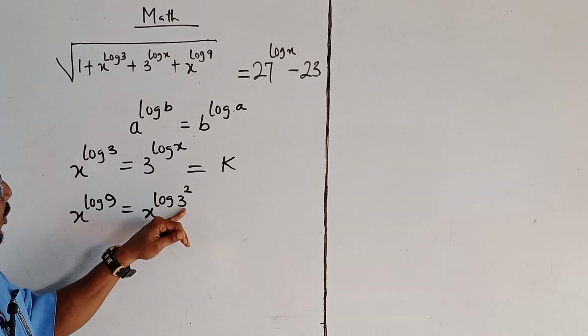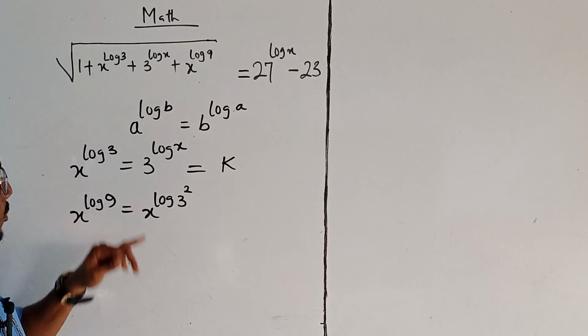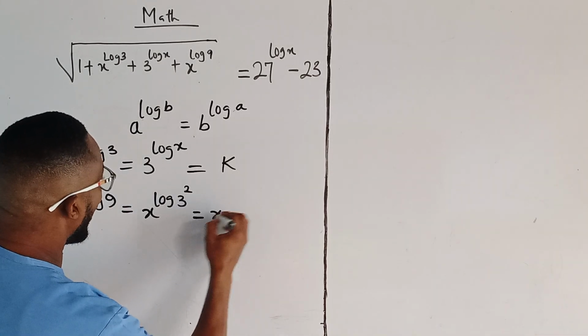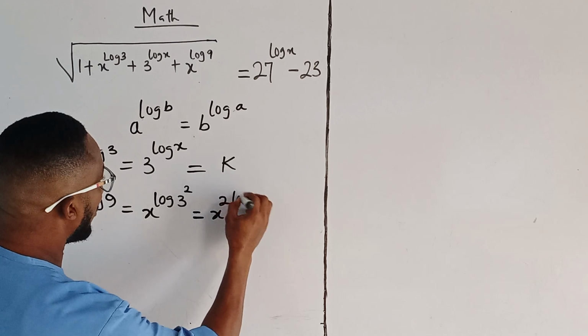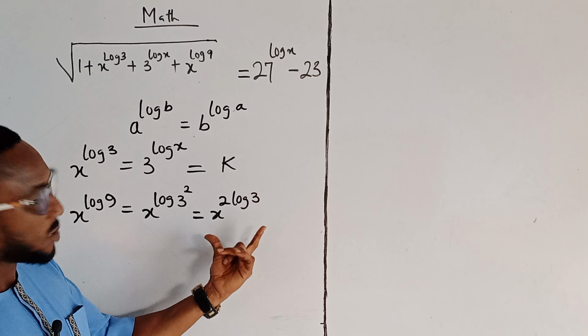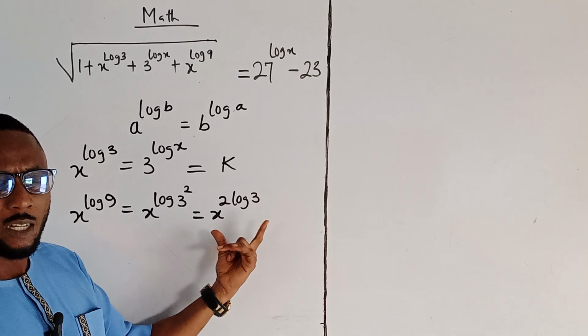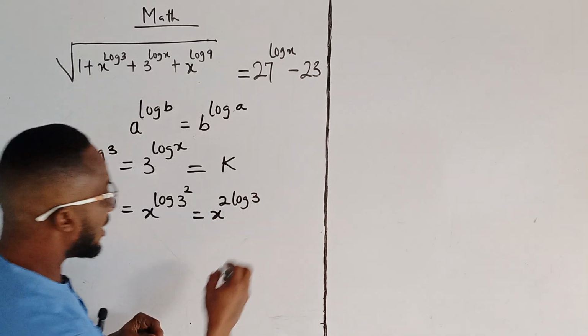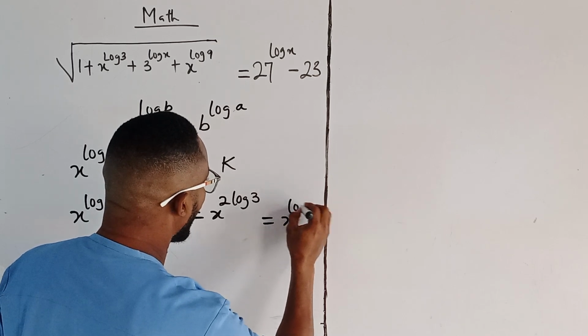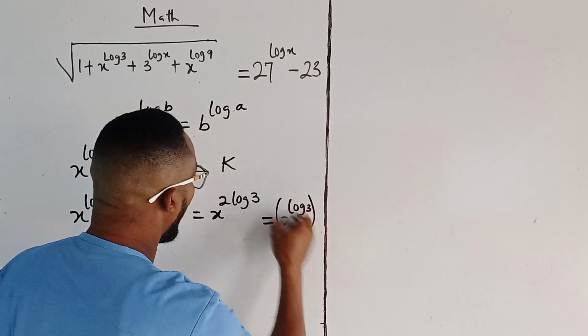So since the argument is raised to an exponent, the exponent will come to the front of the logarithm. This is going to be s power 2 log of 3. So if I use the power rule of exponent, I can write this to be s power log 3, all squared.